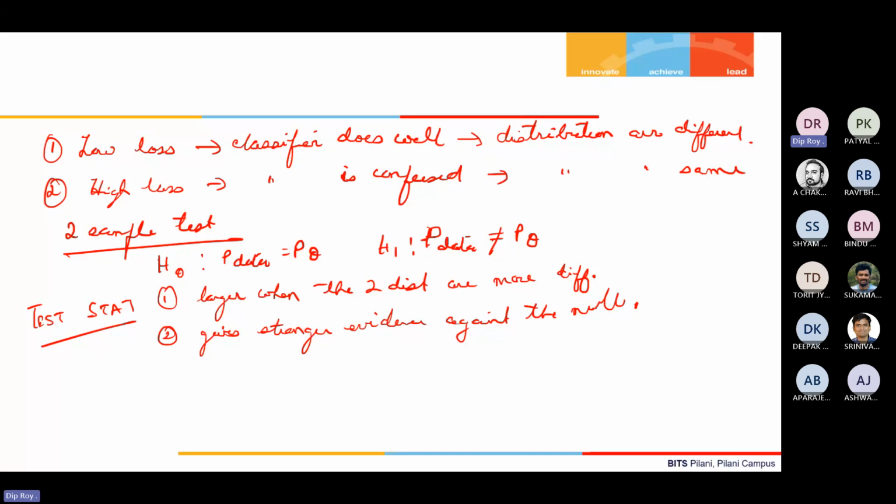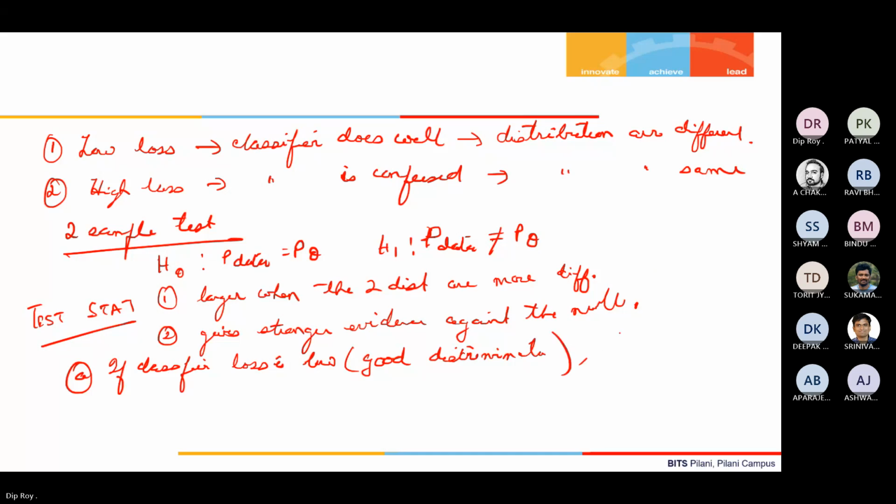If we flip the sign, what happens? A, if the classifier loss is low, it means that it is a good discriminator. The test statistic is high.